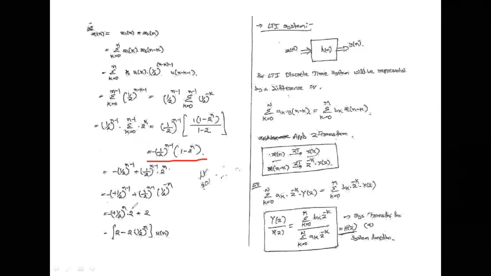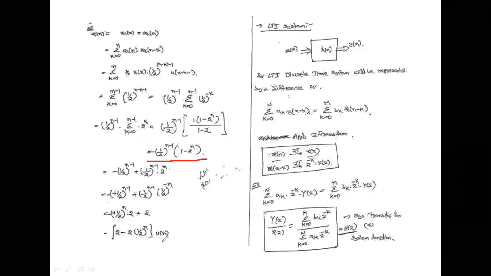Simplify this one. So 1 minus 1 by 2 whole power n minus 1, and because it is 1 minus, if I am taking the plus value, simplify it, it is 2 minus 2 into 1 by 2 whole power n, mu of n.